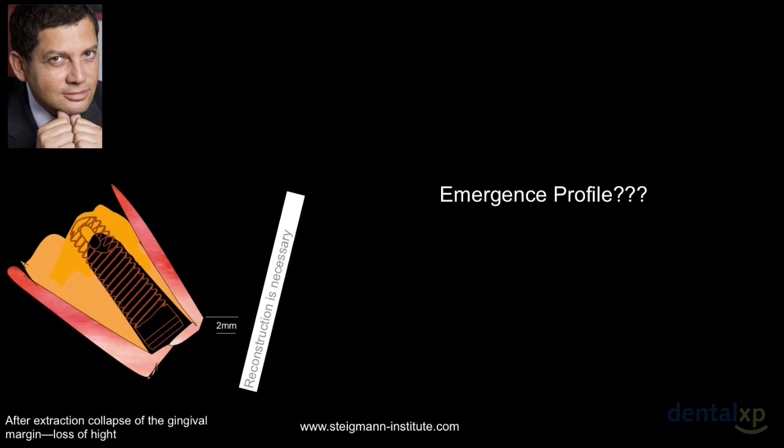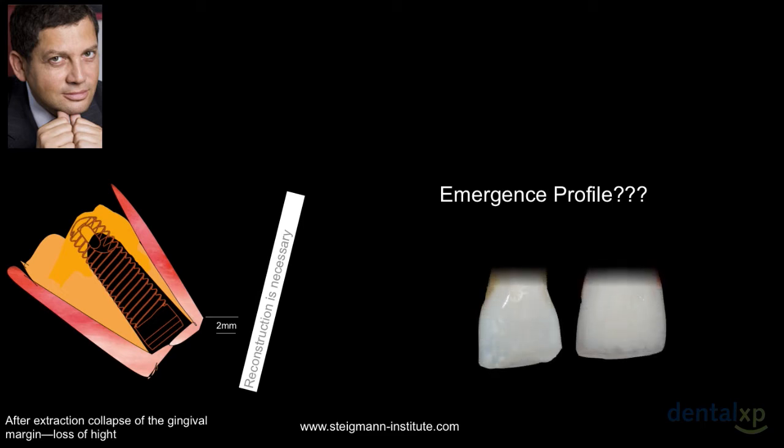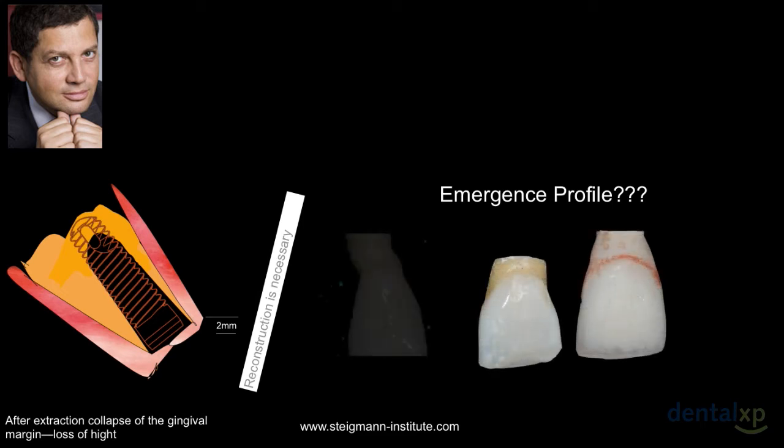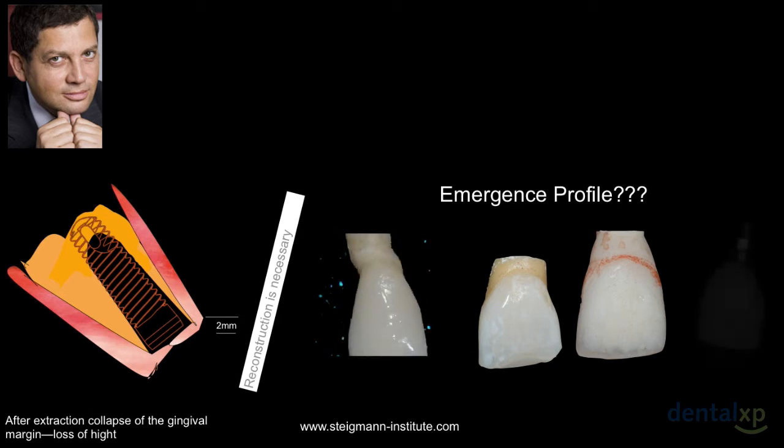Now this emergence profile can emulate the natural dentition, can be over contoured versus the natural dentition, or can be under contoured. So if we look at how we can design the emergence profile, we can have different choices.